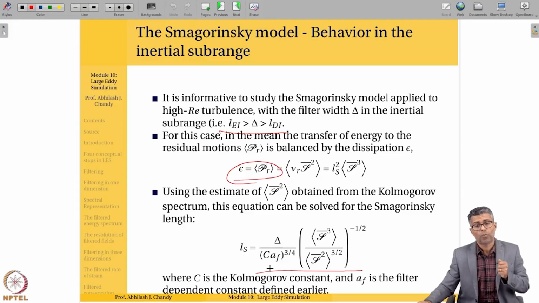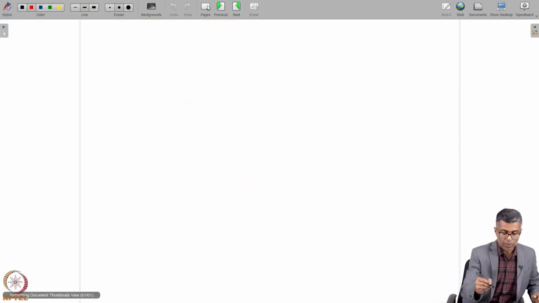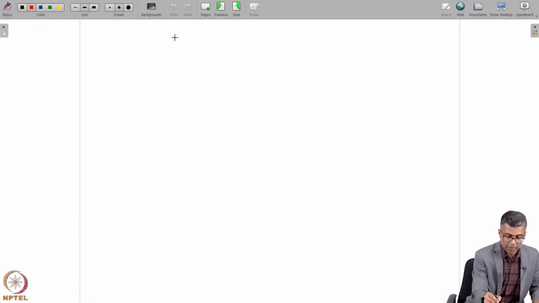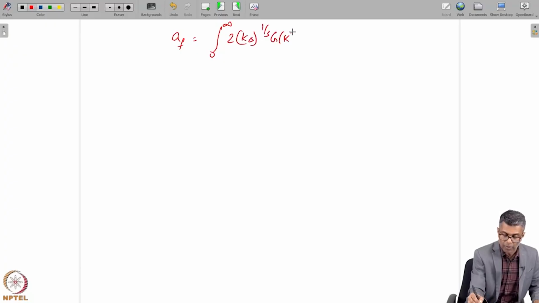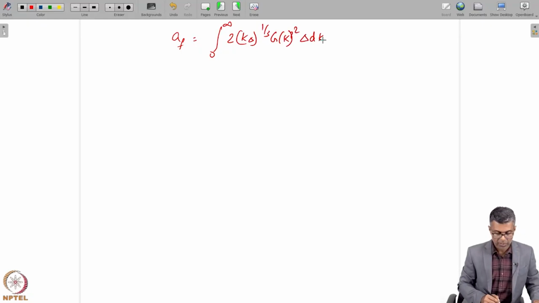We need to derive what A_F is. If you remember the equation that I had shown earlier, A_F is the integral from 0 to infinity of 2 kappa delta to the 1/3 G of kappa squared delta d kappa.